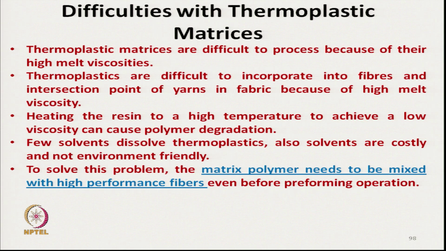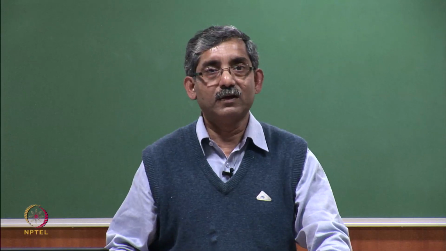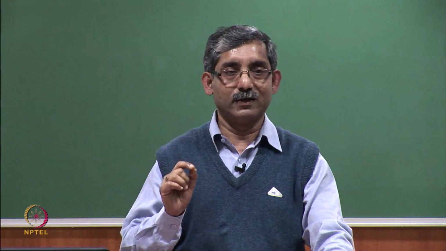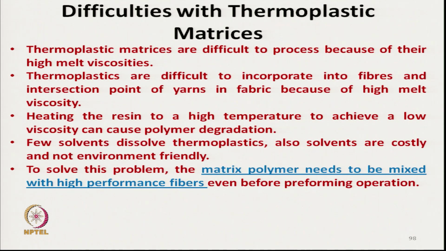So, the basic system to solve these problems is to incorporate matrix within the preformed structure. The matrix polymer needs to be mixed with the high performance fiber even before preforming operation.